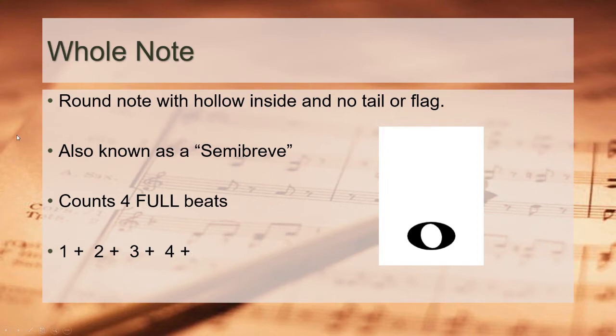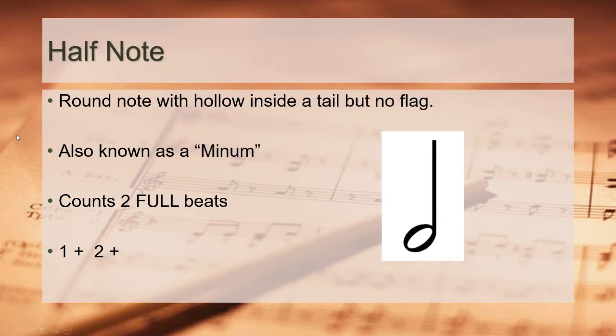The next note we'll look at is the half note. Now in music rhythm, we halve the duration every time. So if a whole note counted 4, you can already guess the half note will count half of that.